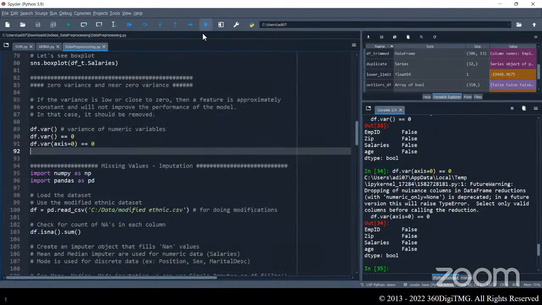So let me go back here. Missing value. In Python, missing values are represented by NaN.